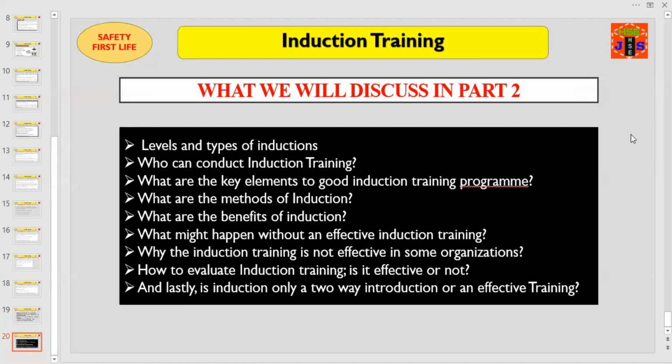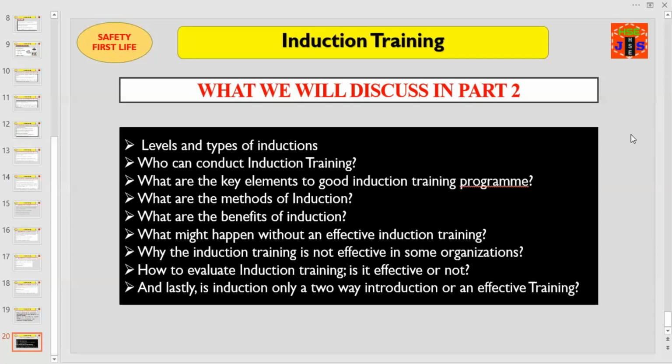In the upcoming training session, induction training part two, you will be able to know about the levels and types of induction training. Who can conduct induction training? What are the key elements of a good induction training program? What are the methods of induction? What are the benefits of induction?